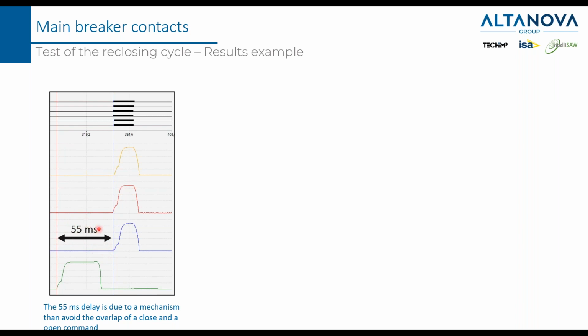And this must be respected, because if you try to issue an open command and a close command at the same time, the circuit breaker can be confused. So there is a mechanism inside that keeps the close command separated from the open command, even if the 2 commands are overlapped.